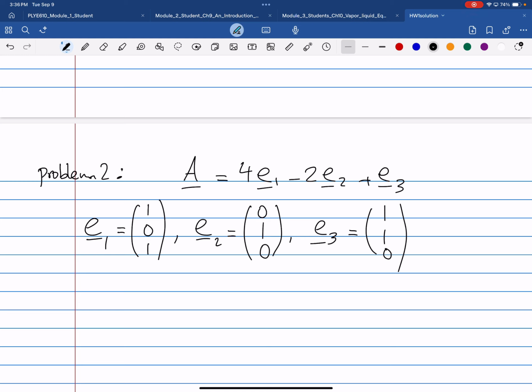So E1 is I plus K here. You can plug in those 3 basis vectors in terms of ijk inside A and rewrite it. That's pretty straightforward.